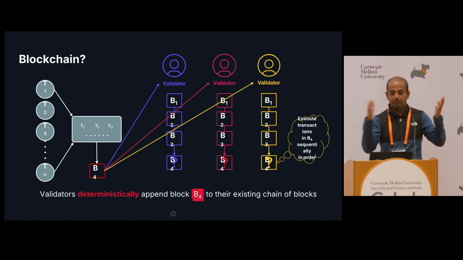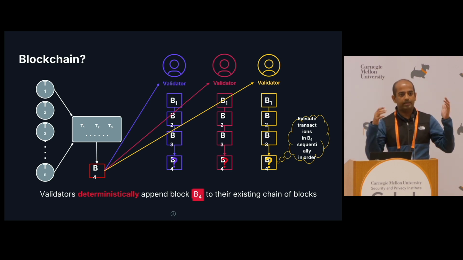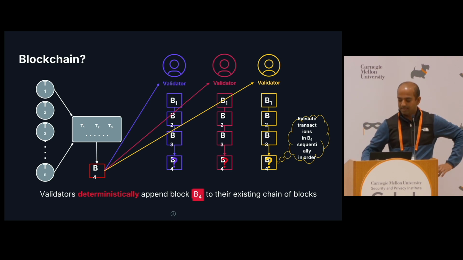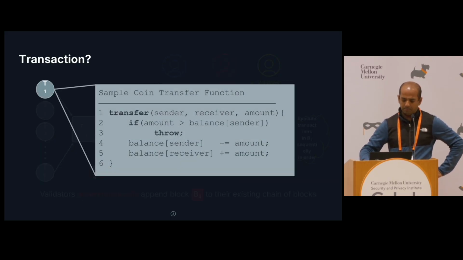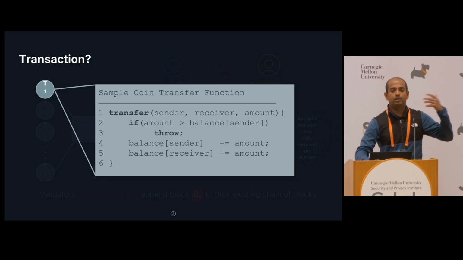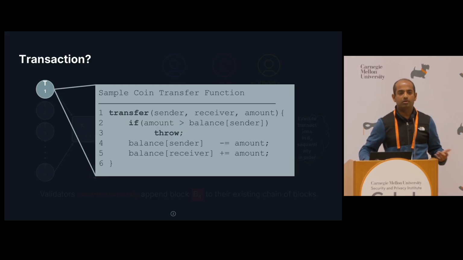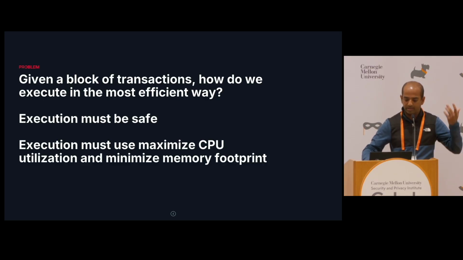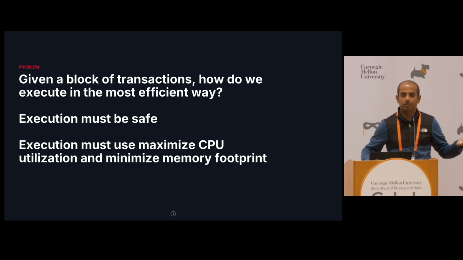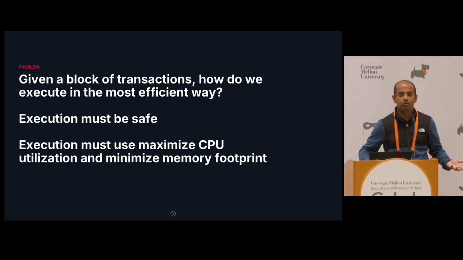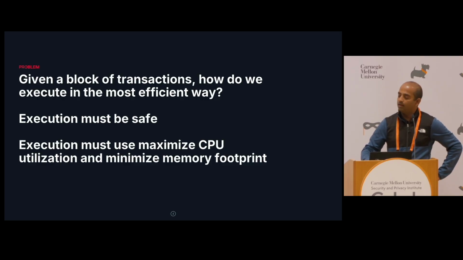You can append that block to the previous block, and everyone reaches a mutually consistent state, which is great. You can imagine a simple coin transfer, a complex smart contract, an ERC20 contract, any of these. And you can talk about the same in the context of a Move virtual machine, a Solana virtual machine, or any Ethereum-based clients.